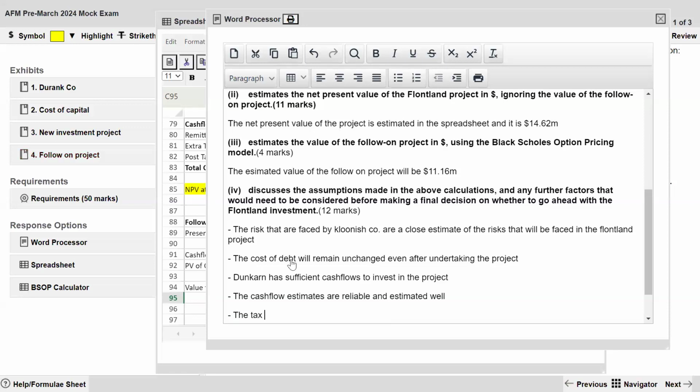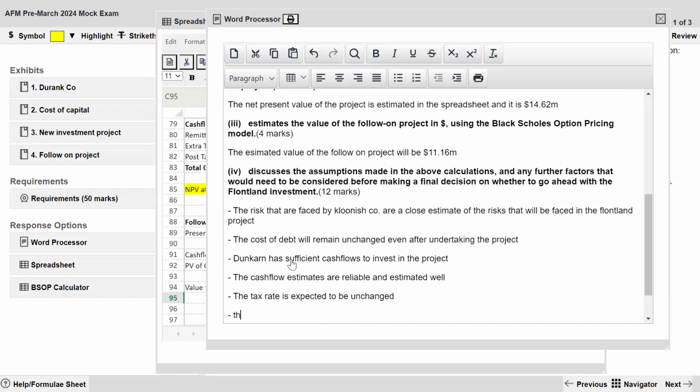The tax rate is expected to be unchanged. The component contributions are expected to flow at the rate of 40%.